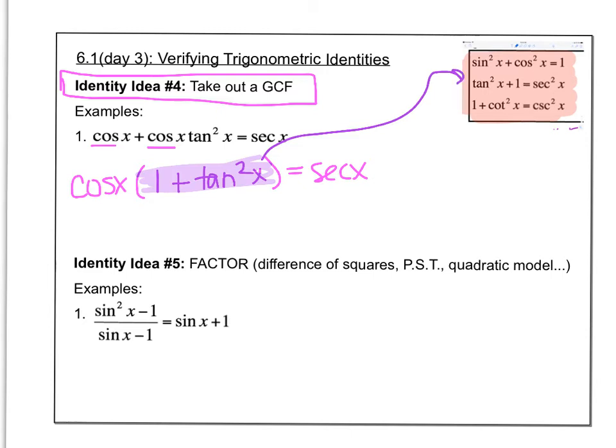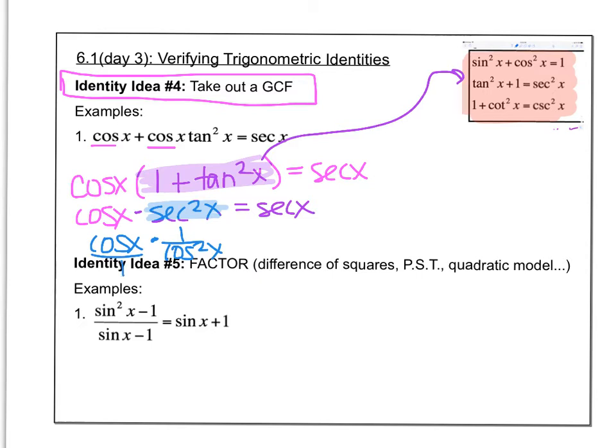So I can rewrite that. It's going to be cosine x times secant squared x instead. And our goal is to get that to equal secant x. Now we have to change secant squared x. Secant is the reciprocal of cosine, so I can flip that over, and that's going to be times 1 over cosine squared x.